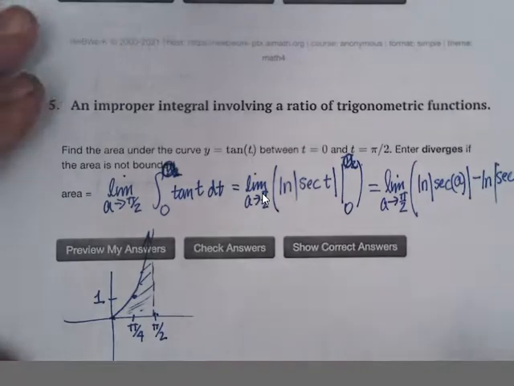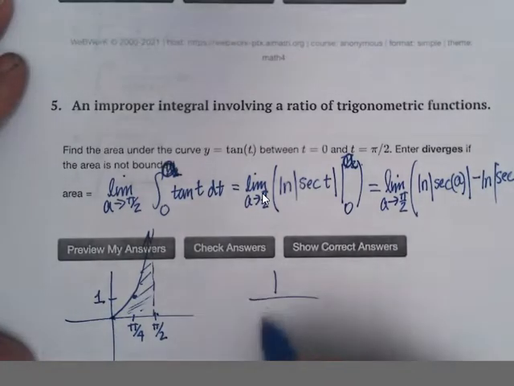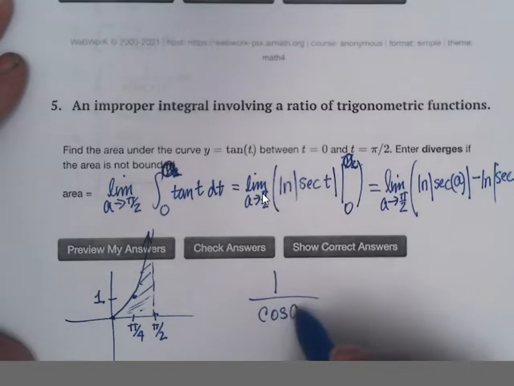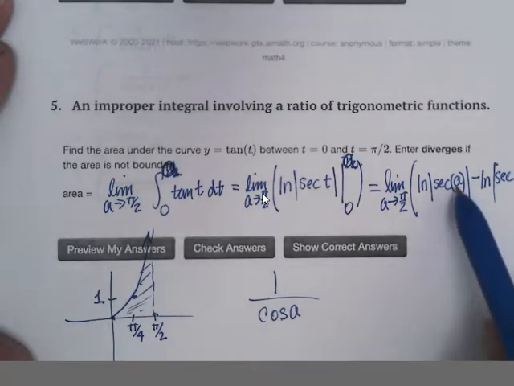So now we have to remember what secant is. Secant is 1 over cosine, and so we've got to figure out what 1 over cosine of a looks like.